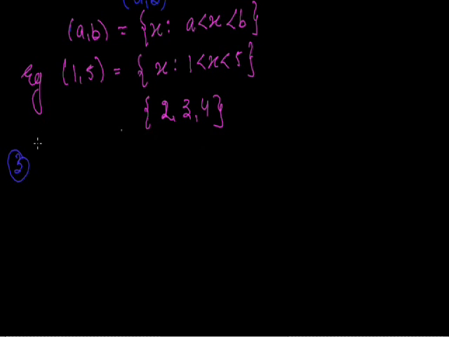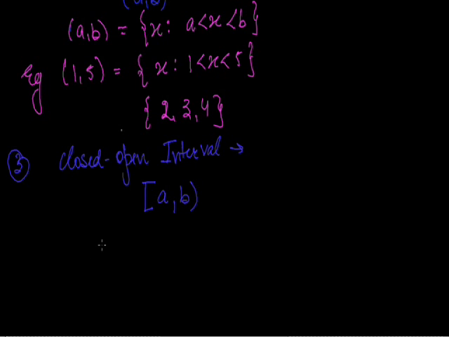Third is closed open interval. As the name suggests, closed and open, it is denoted by a closed bracket, then an open bracket. So if we write [A, B), it means in that x, A is included but B is not included.